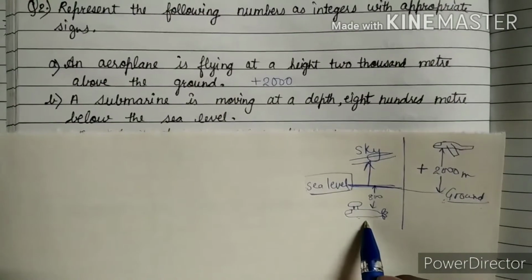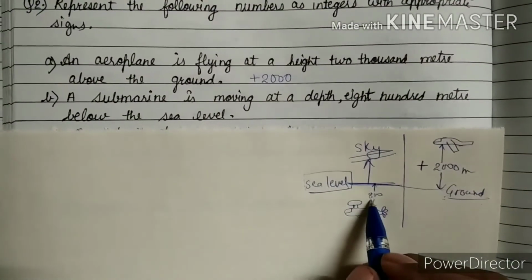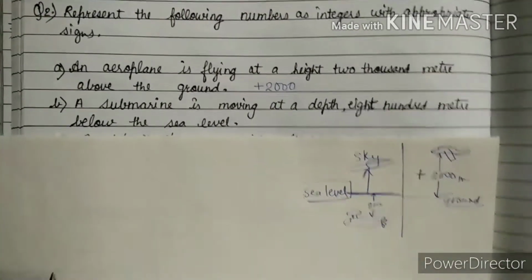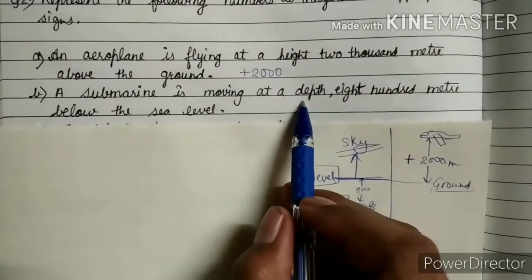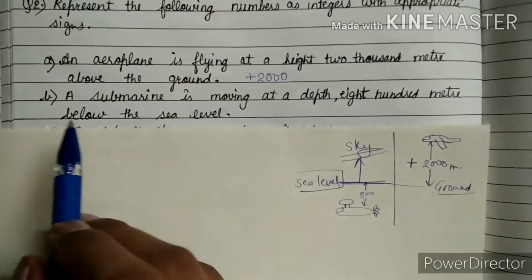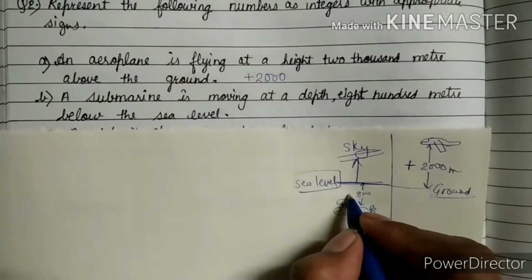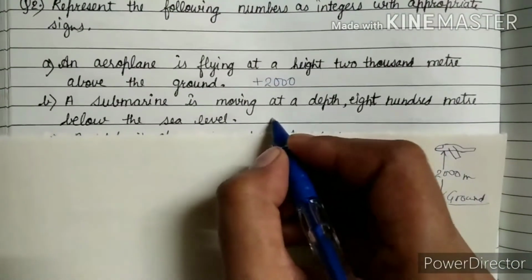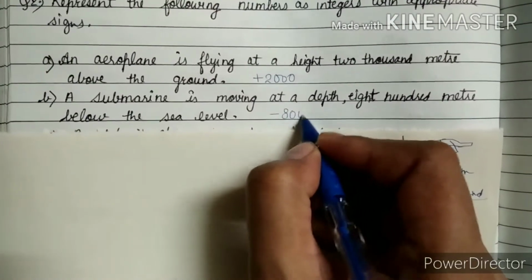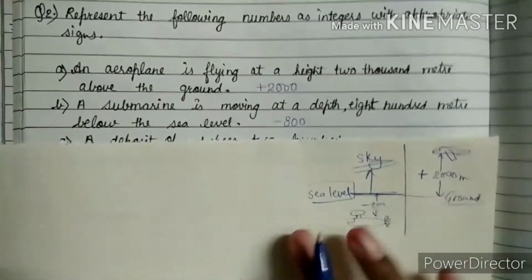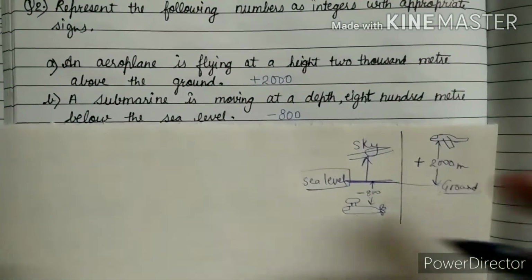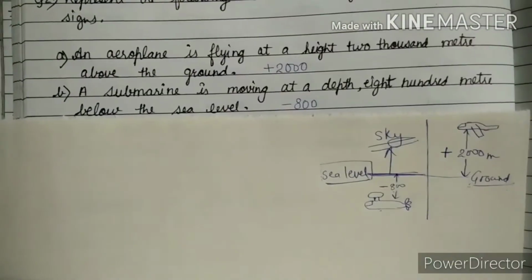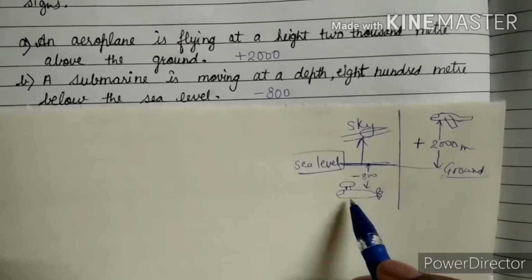So we have to show this 800 with the sign positive or negative. Here we have depth and below. Below means negative. Below or depth, both have the same meaning, so here 800 will come but negative, because the submarine is moving inside the water.